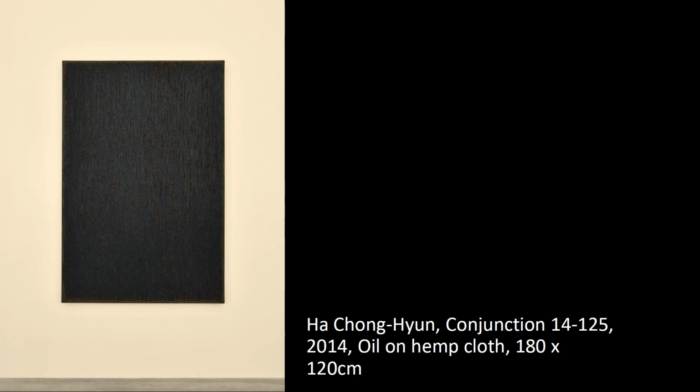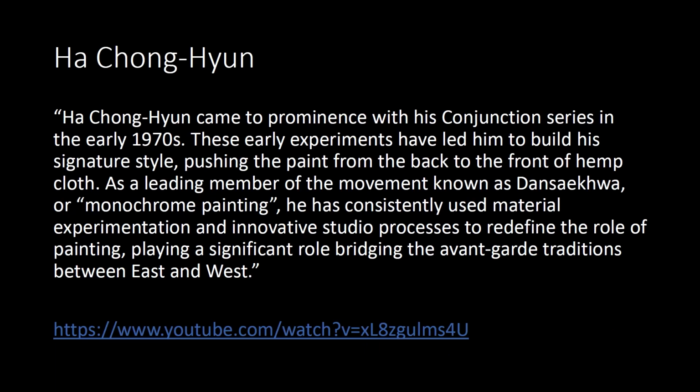Here's another one of the conjunction works, hemp oil. And here is a little description. Ha Chong-kyun came to prominence with his conjunction series in the early 1970s. These early experiments have led him to build a signature style, pushing the paint from the back to the front of hemp cloth.